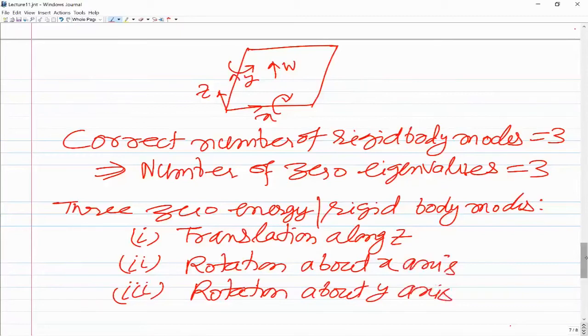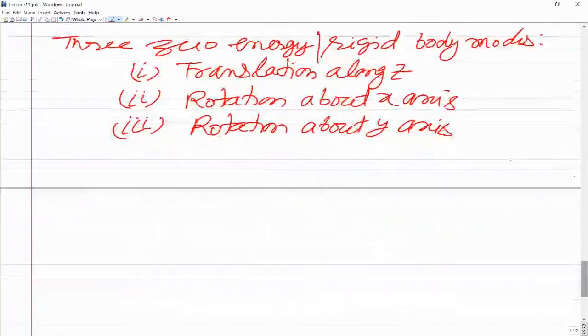Now this is the correct number of rigid body modes, but what happens for under integrated stiffness for thick plates?